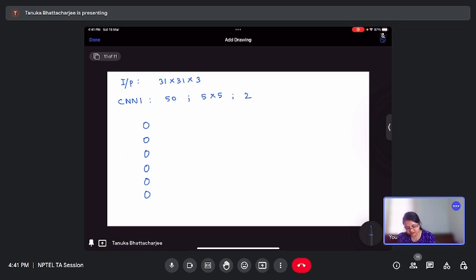Let us say there are n units in the input layer, one dimensional data. And let us say we are doing some zero padding on both sides, p units on both sides. So in total you now have n plus 2p neurons.